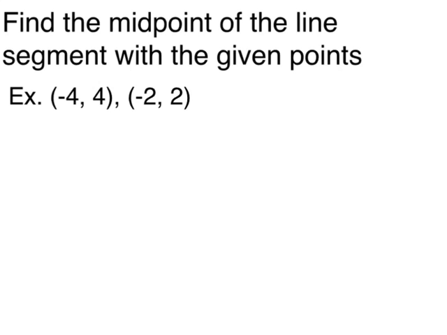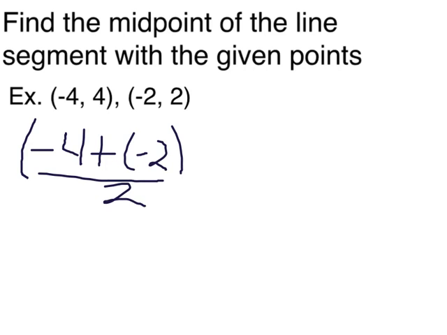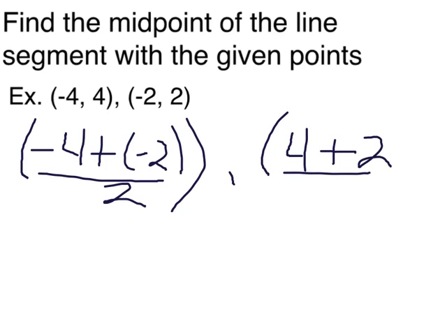For this example, they want us to find the midpoint of the line segment with the given points, (-4, 4) and (-2, 2). So we're going to take the midpoint formula, which was given in the first slide, and fill it in. The first one was x1 plus x2, so that's going to be -4 plus -2, and that'll be divided by 2. And then for the y, it was y1, which was 4, plus y2, which was 2, all over 2.